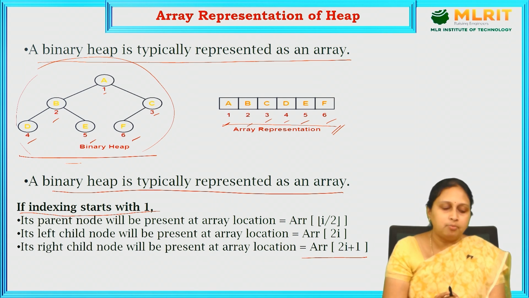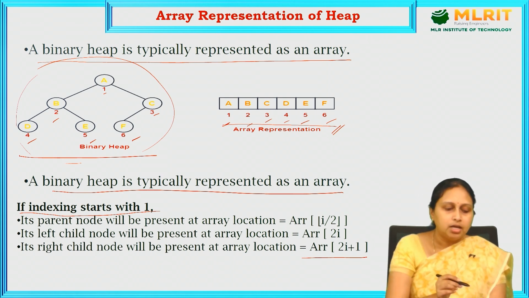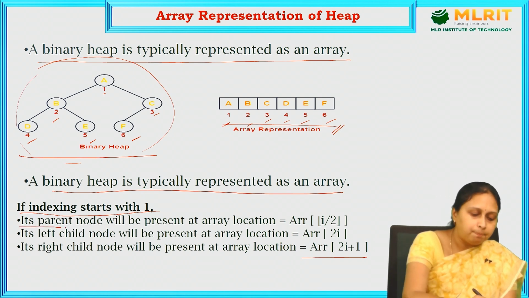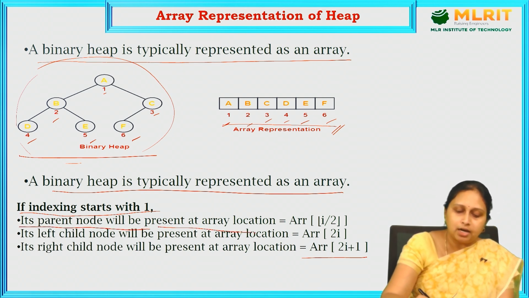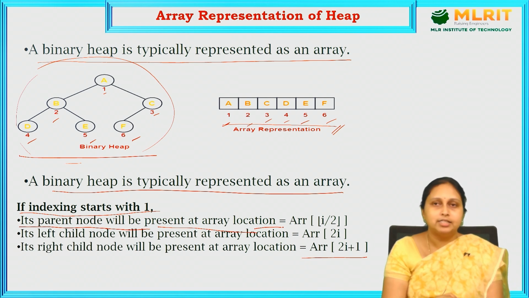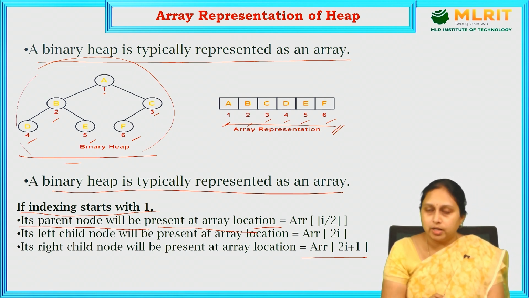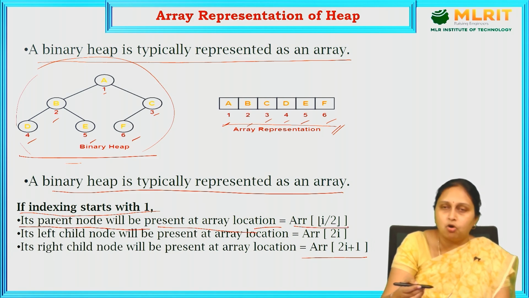If I start with 0, there will be a little bit of change. Let us go with 1 itself, so there is no confusion. If the index starts from 1 onwards, the parent node will be present at its array location. Please see the statement, array of i by 2.